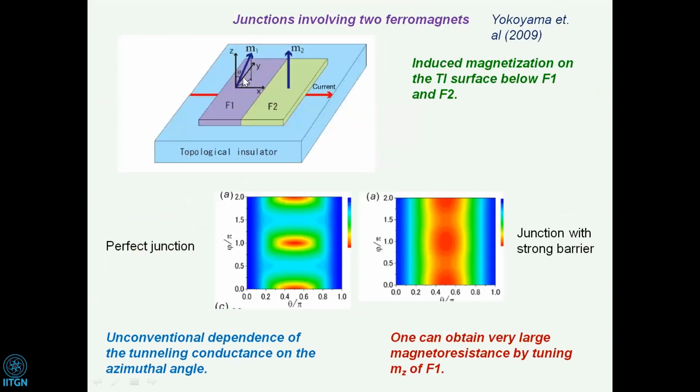And in the second case, there was, of course, this magnetization, which is at an angle given by theta and phi. And they wanted to find out how a current moves from one region to another. So what they do is that they pass a current and measure the voltage. Okay. So the most interesting thing that they found out is that the behavior is different if the junction is perfect and if it is strongly backscattering.